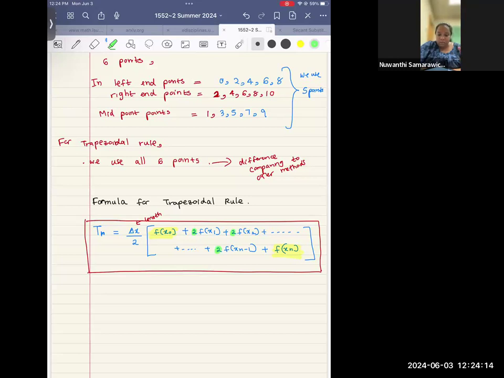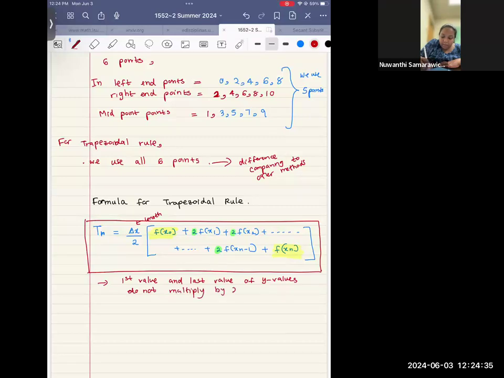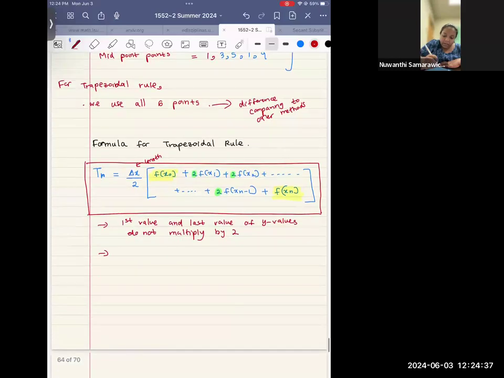So that's how you remember: the first value and last value of the y values do not get multiplied by 2, and all the other y values are multiplied by 2.